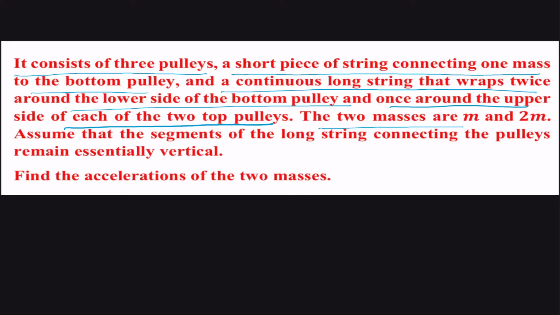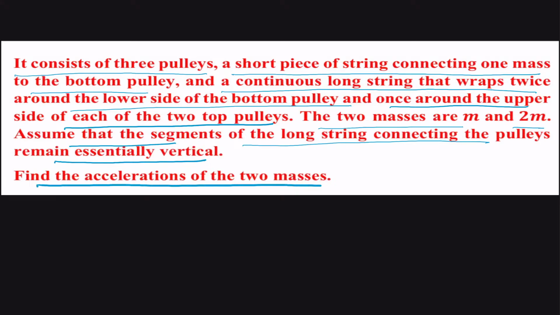The 2 masses are m and 2m. Assume that the segment of the long string connecting the pulleys remains essentially vertical. Find the acceleration of the 2 masses.